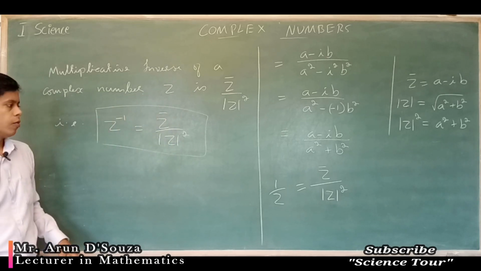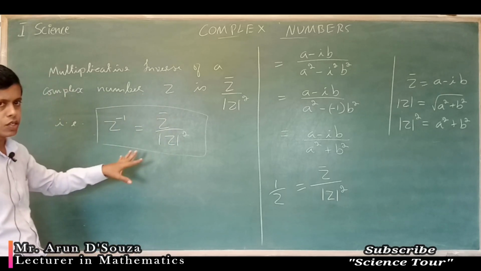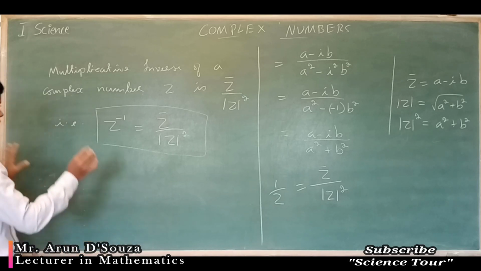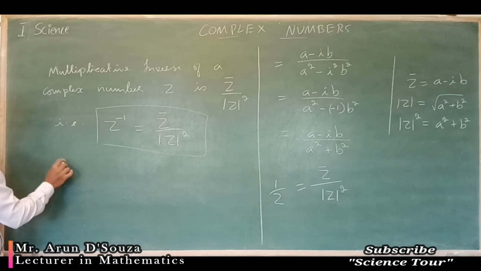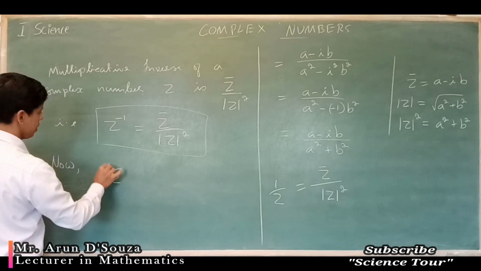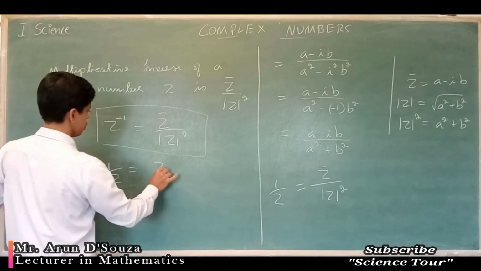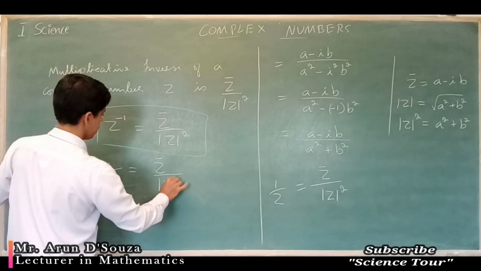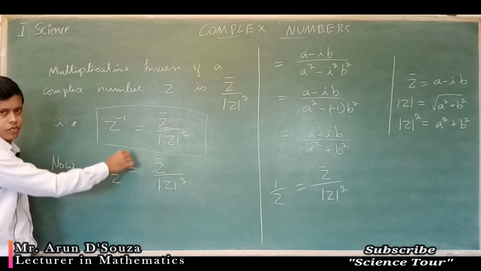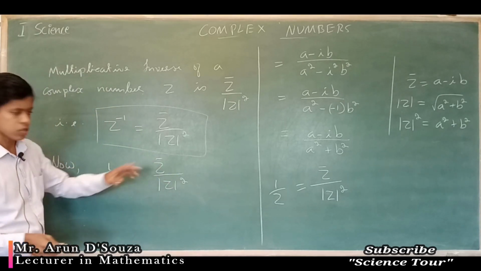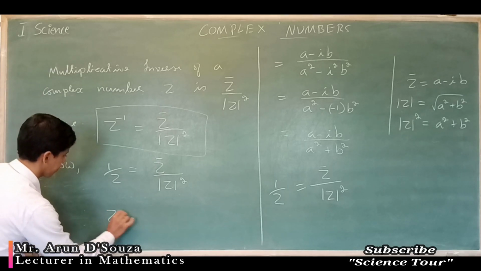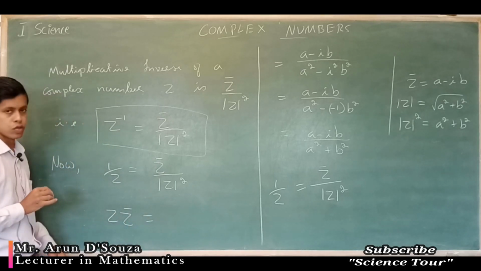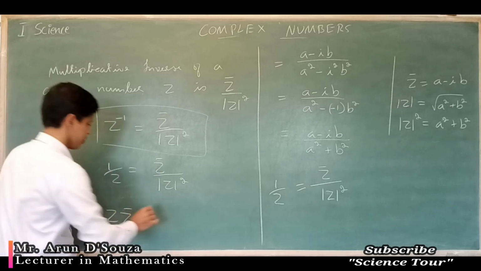Well, now I'll continue and give you one more formula. Now, 1 by z is equal to z bar divided by mod z square. So if you cross multiply z into z bar, that is equal to 1 into modulus of z square.